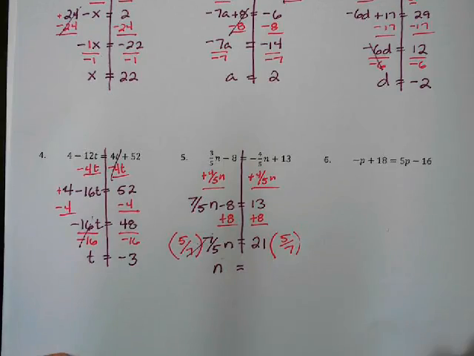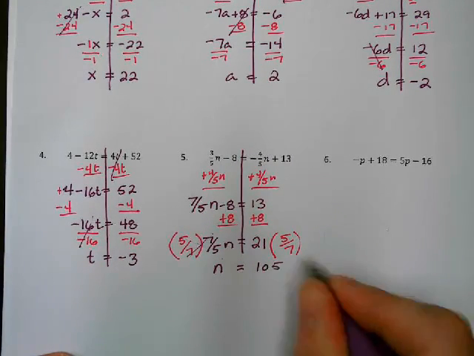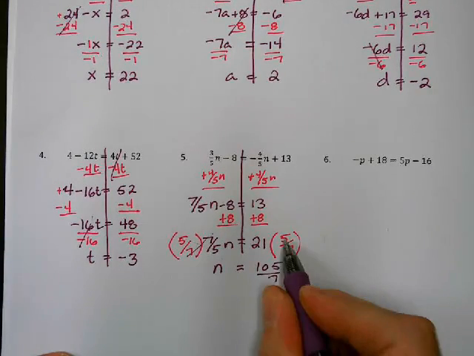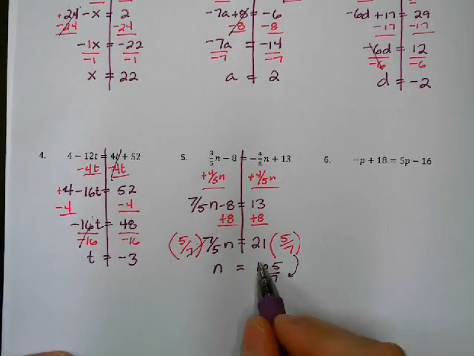Now we can do this in 2 steps if you like. 21 times 5 is 105. And then we're going to divide by the 7. We multiply by the 5, we divide by 7. That's what a fraction means. Okay, so 7 does go in there once.